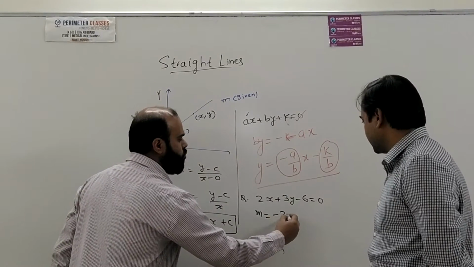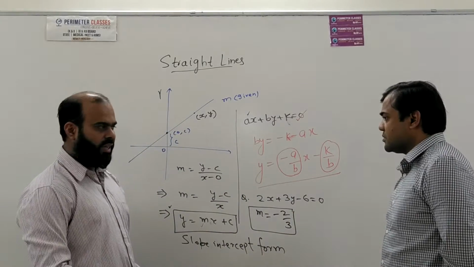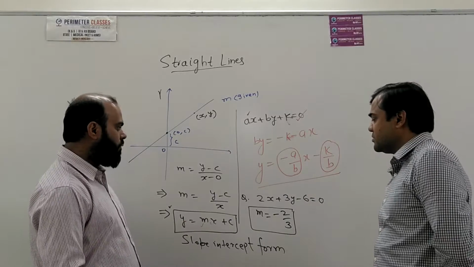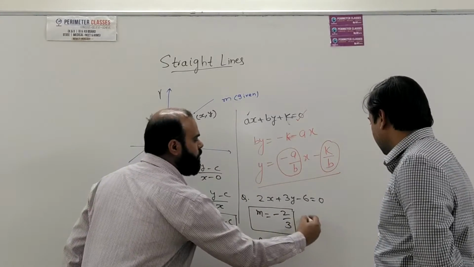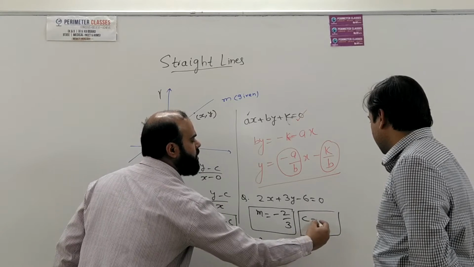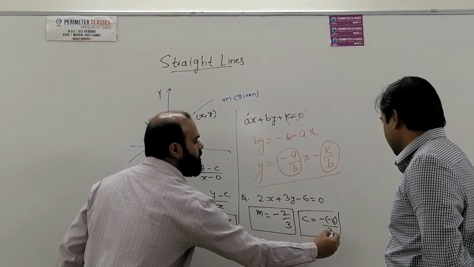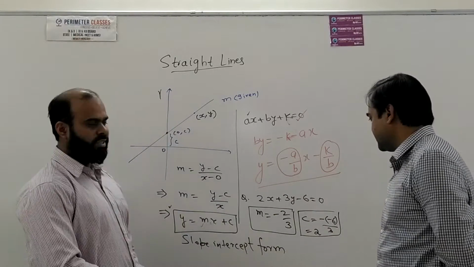So minus 2 upon 3 is the slope of this line. You can also calculate the intercept, which is minus k upon b. Minus k is minus of minus 6, which is 6, and b is 3. So the value which you will get is 2. So this is the intercept.